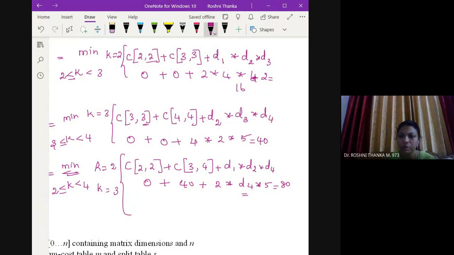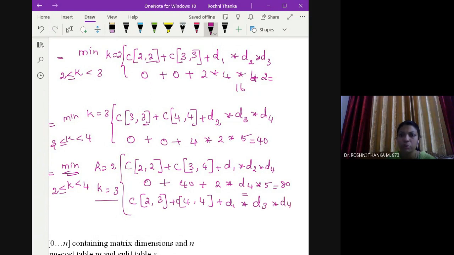Similarly, we have to do the same equation when the k value is 3. So C of i value, what is the i value here? 2, and the k value is 3, plus C of k plus 1, which means 4, 4 comma j value is 4, plus d of i minus 1, i was 2, so d1 into dk value. What is the k value here? 3, into dj value is d4.